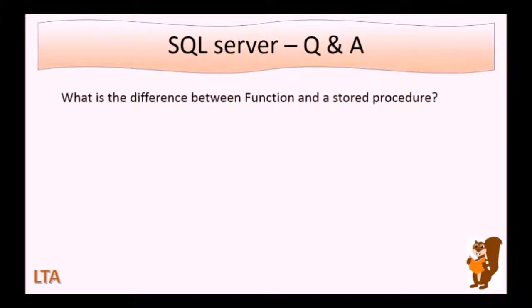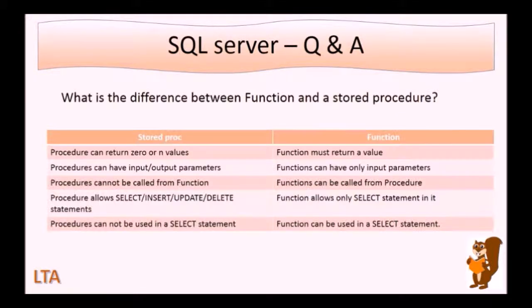Another popular interview question, difference between function and stored procedure. Stored procedure does not have to return a value, or it can also return a value, whereas with function it always must return a value. Procedures can have input or output parameters, whereas functions can only have input parameters.